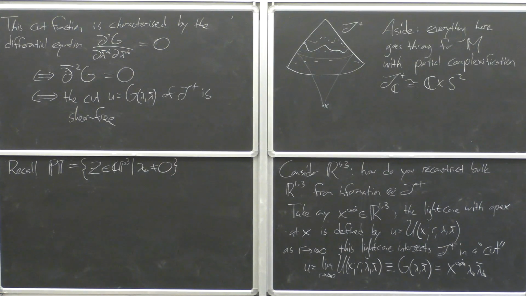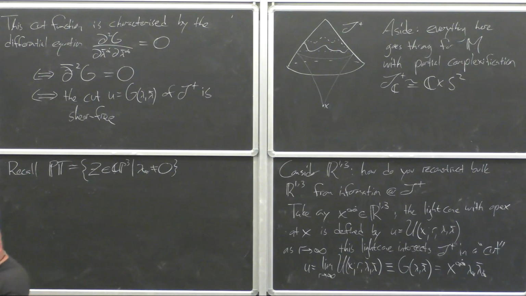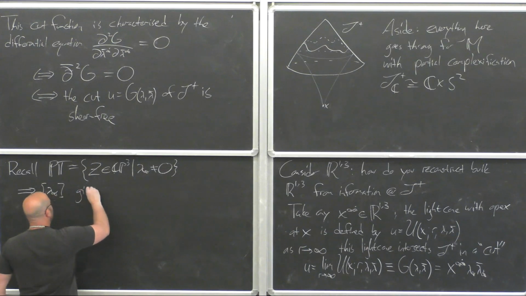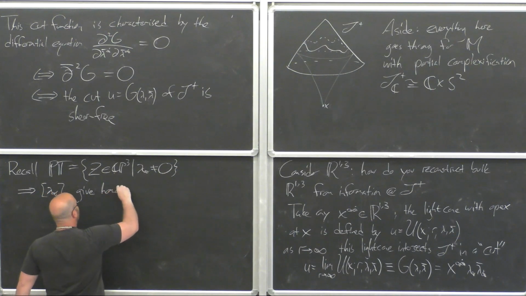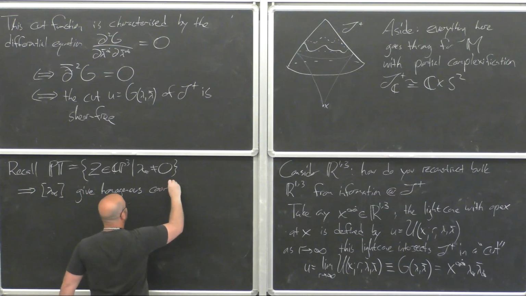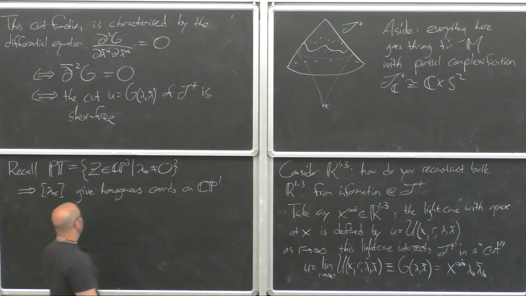And if the lambda alphas aren't simultaneously zero, and there's two of them, and they're defined up to overall projective rescaling, that means that in fact they're homogeneous coordinates on a Riemann sphere. So the projective equivalence class of these lambda alphas gives homogeneous coordinates on CP1.